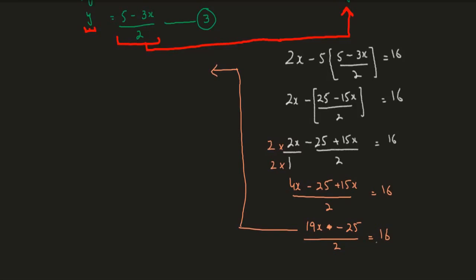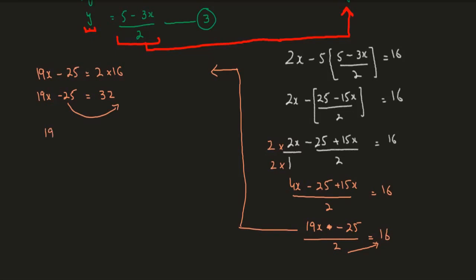Now if I cross multiply, this 2 will go to this side and multiply with 16. So 19x minus 25 is equal to 2 into 16, so 19x minus 25 is equal to 32. Now I can take this minus 25 to the other side.